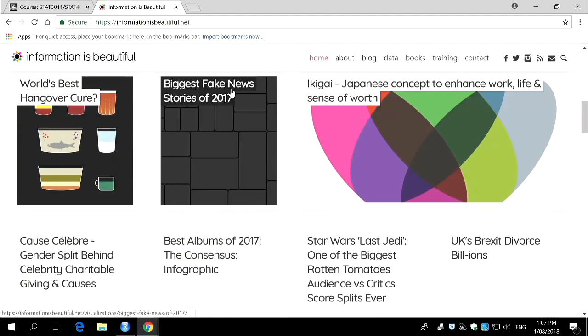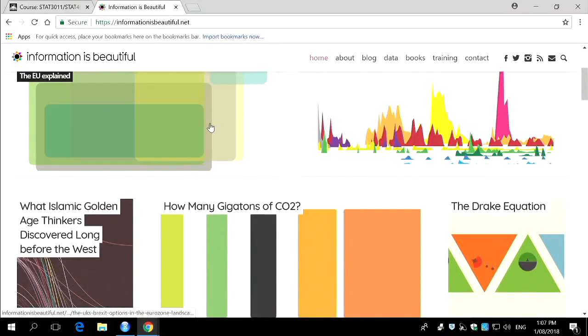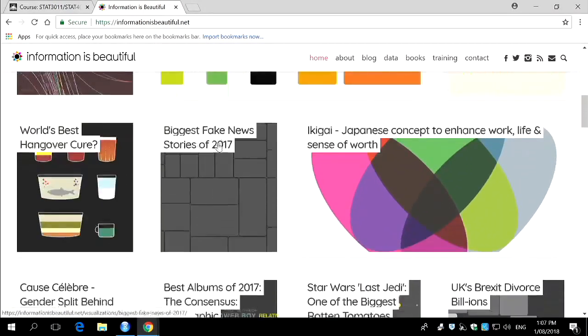But anyway, all sorts of stuff here. There are links to all of these different graphics, and you can see they're all pretty, I don't know, silly in some way, slice of life stuff. Take a particular topic and find a graphic on it. The graphics are all genuinely bad in the sense that in a lot of cases they make information hard to get.